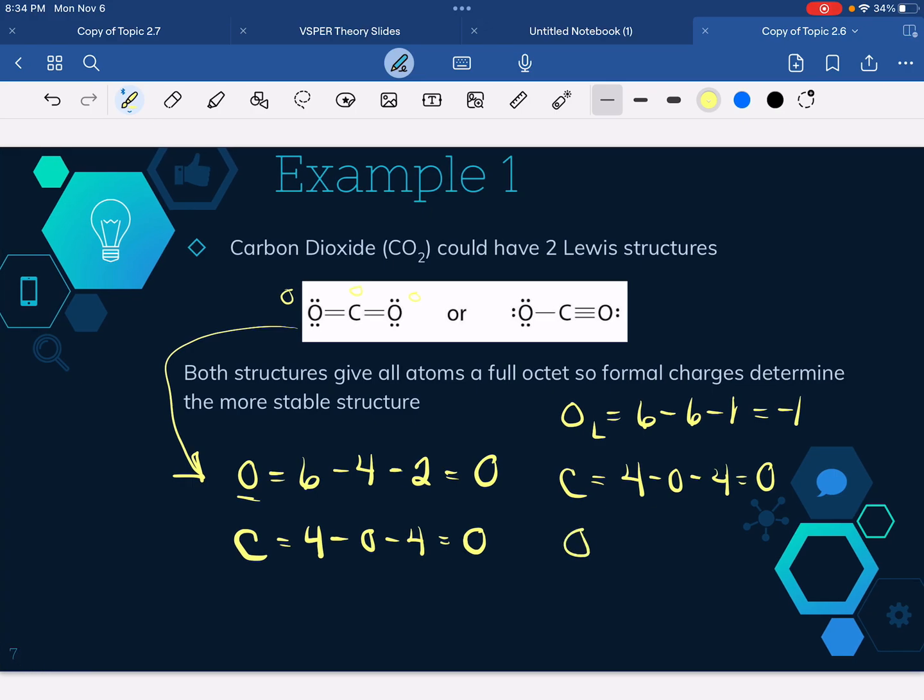Okay, and then our oxygen, let's say oxygen on the right, has 6 minus 2 lone pair, minus 2, 4, 6. Half of that is 3. And it has a +1 charge. Okay, so now we're looking at a -1, a 0, and a +1. Now we still have an overall charge of 0, but again, we have a positive charge on an electronegative atom, okay, which is not the best Lewis structure for that.